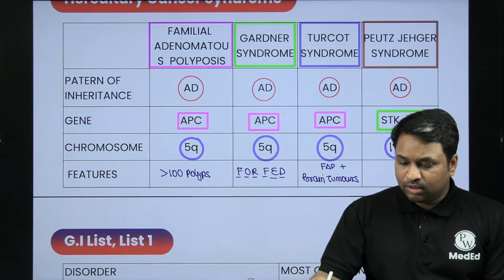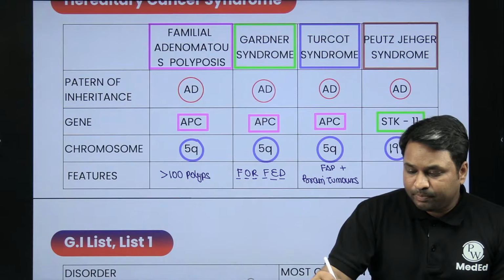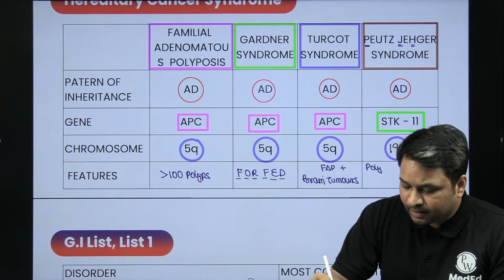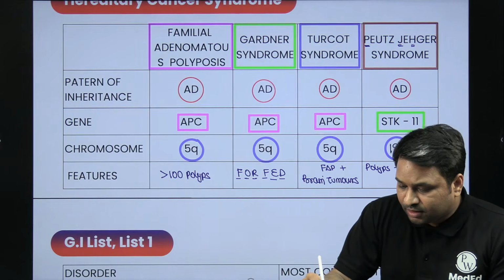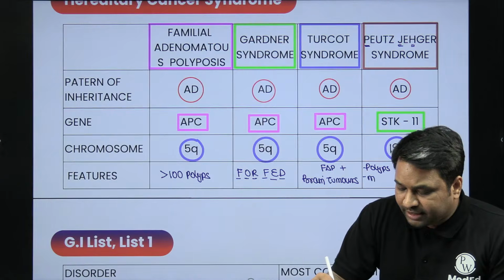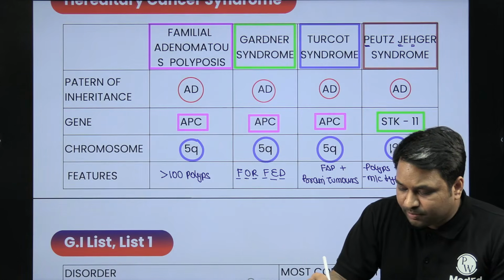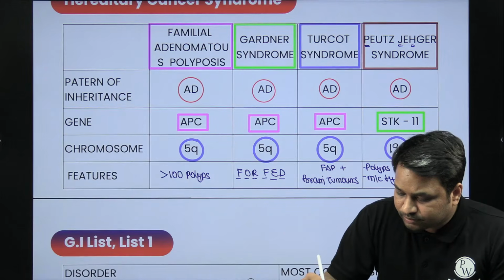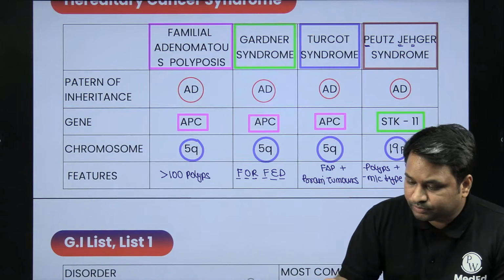Okay. Now, Peutz-Jeghers syndrome, remember PJNH, that is polyps with pigments. The most common type of polyp that you will see in Peutz-Jeghers syndrome, that is your H, that is your hamartomatous polyp.